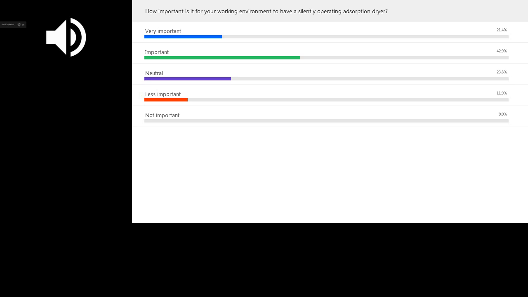So I understand why it is not always very important, because in the compressor room there is still some noise. But of course, if you have a system in there which is not generating more noise than already is in there, then it also brings a big benefit to the application and the user.